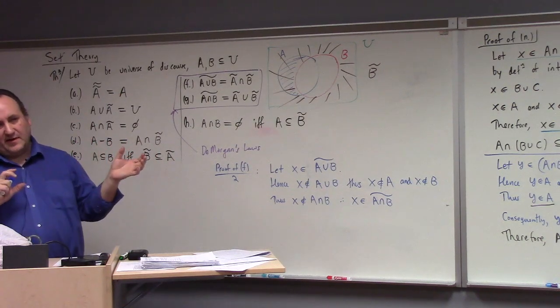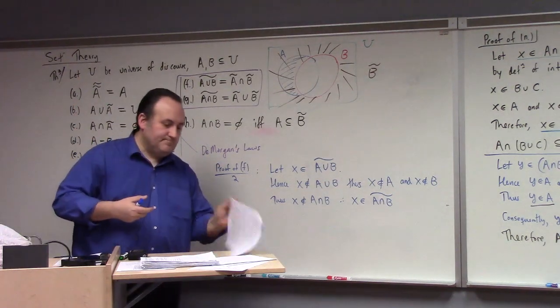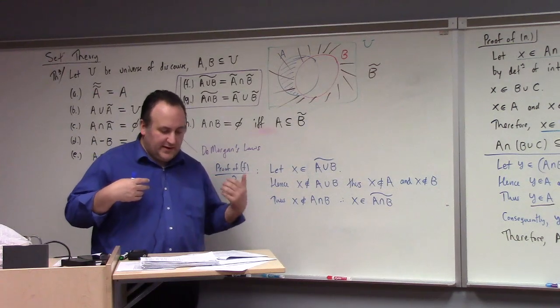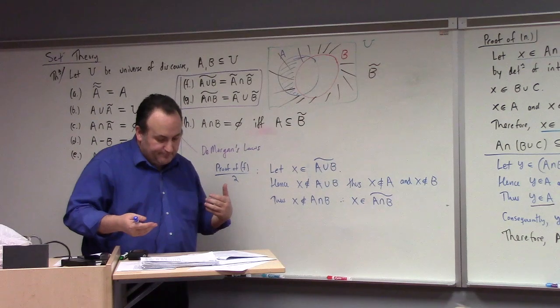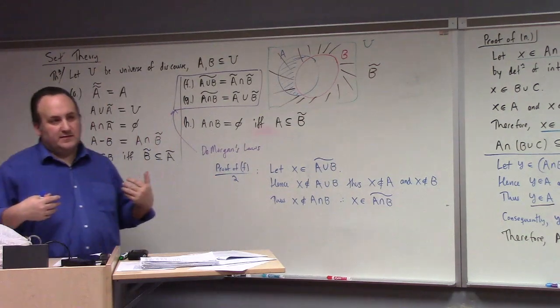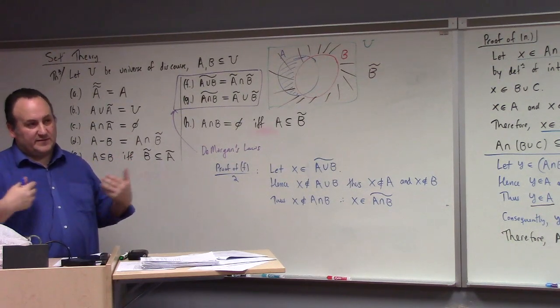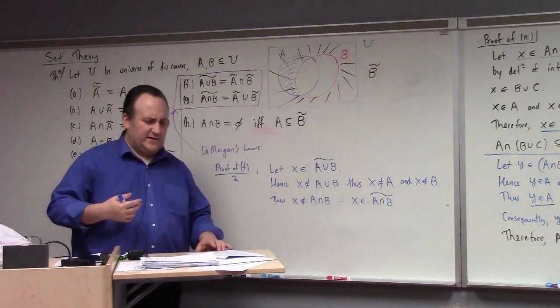If you read the remark on page 40, you'll see I have an argument there which shows that the complement of A intersect B and the union of the complement of A and the complement of B are actually two sets which contain the same elements. And if you can give an argument which shows that both sets contain the same elements, that proves that the sets are equal by one of our basic axioms. I think extensionality is what we called it.